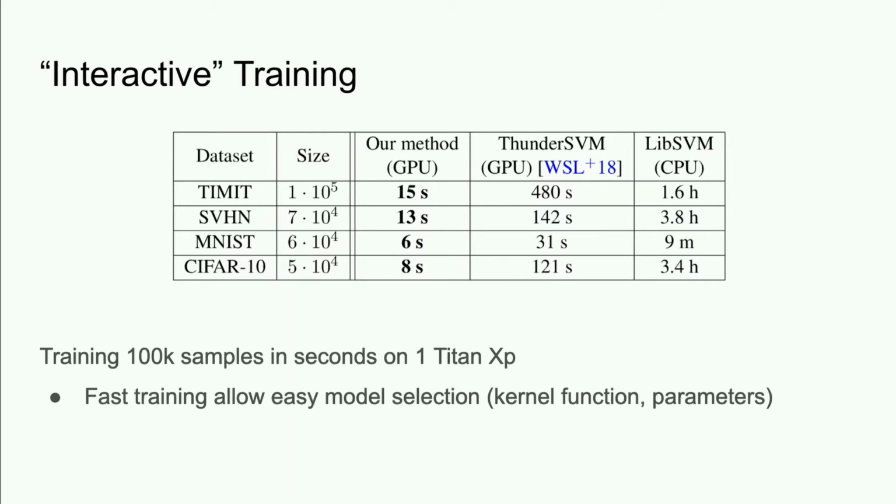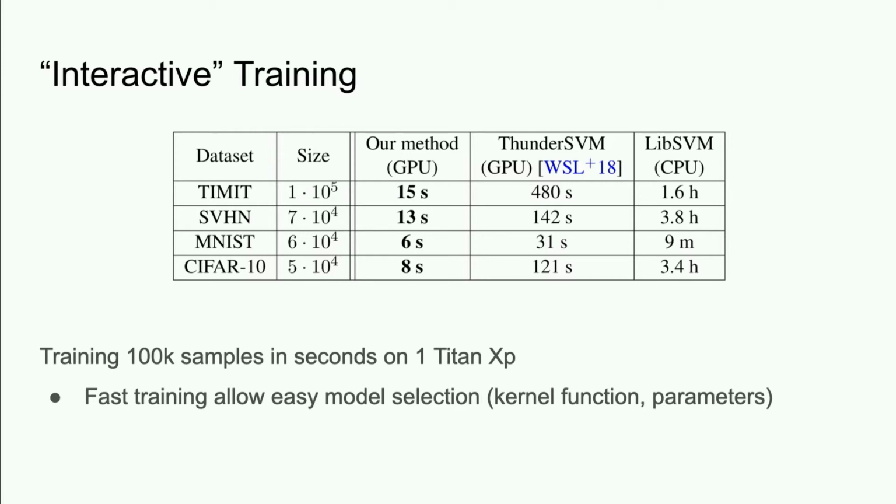Okay, so here we show you another set of experiments on some small data sets, and we call this interactive training. Because on this data set of around 100,000 samples, we are able to finish the training in just 10 seconds, around 15 seconds, really. In comparison, we compare our result to libSVM and a GPU implementation of libSVM.